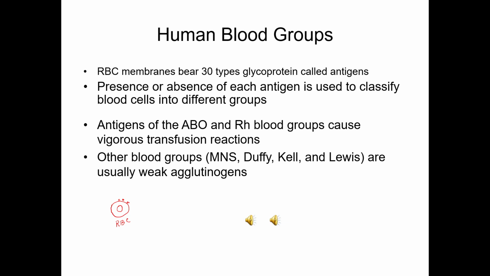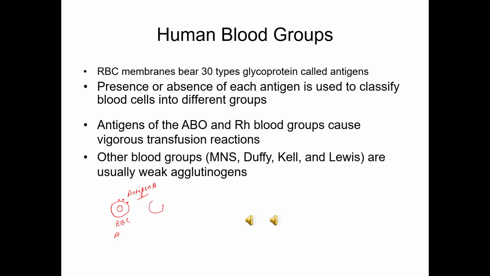So if on the surface of the red blood cells you have antigen A, your blood type is A. So this is type A blood.